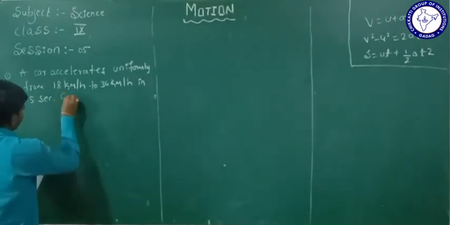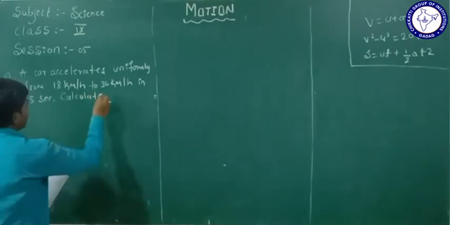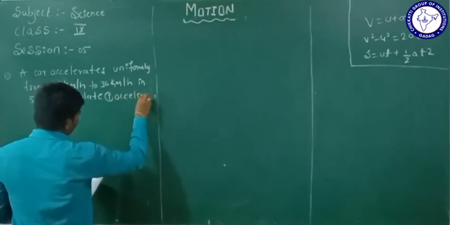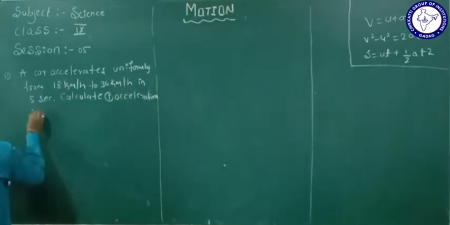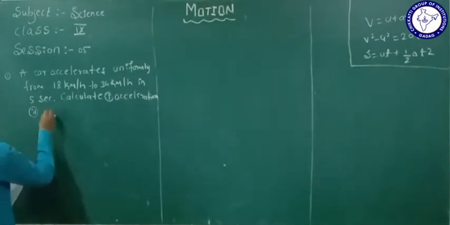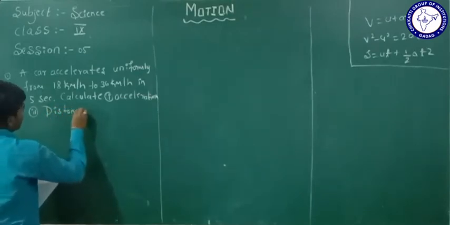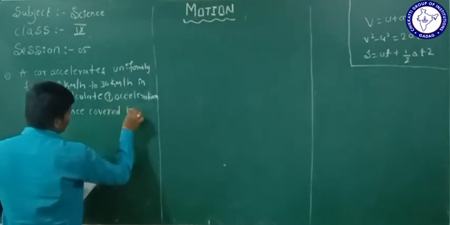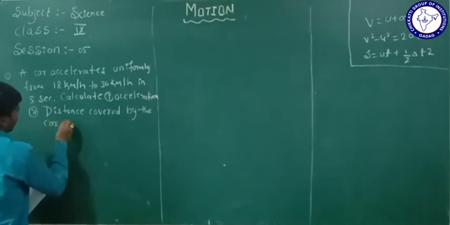Calculate: one, the acceleration of the car; second, the distance covered by the car in that time.